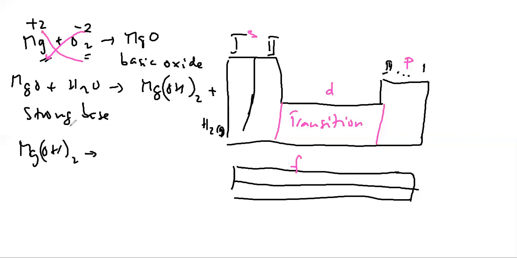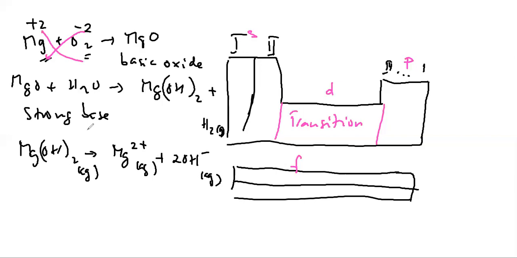When we add this base into water, it will completely give Mg2+ aqueous and 2OH- aqueous. So when you have complete dissociation of Mg(OH)2, then you have a strong base.